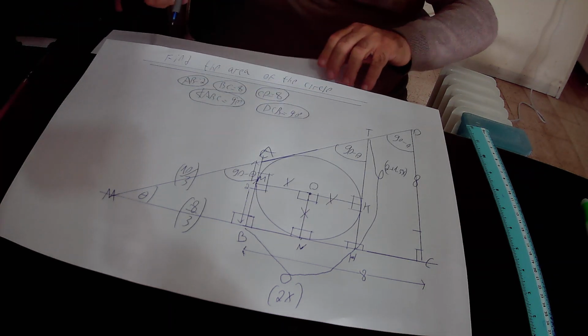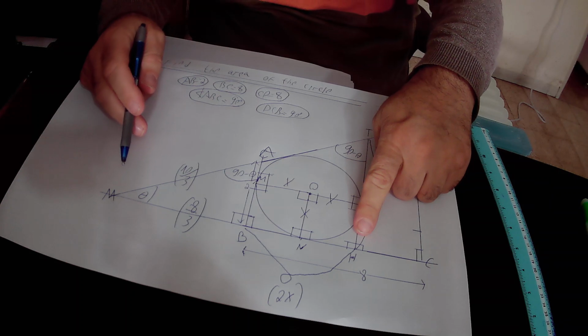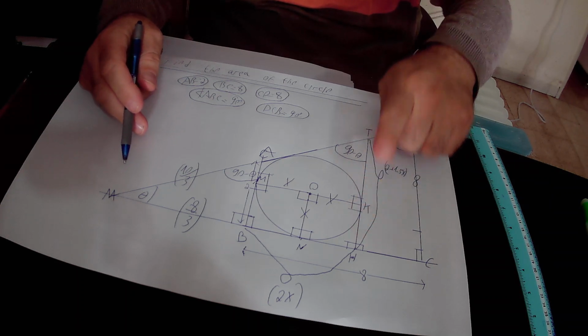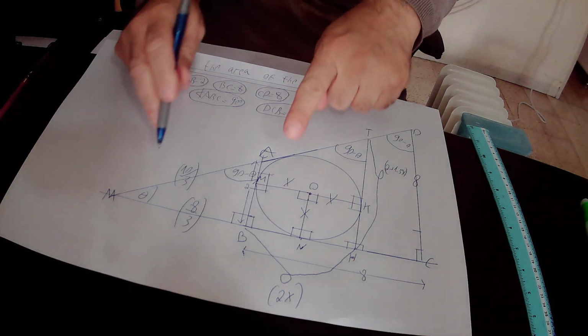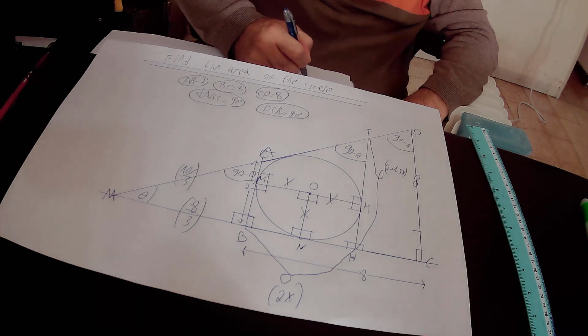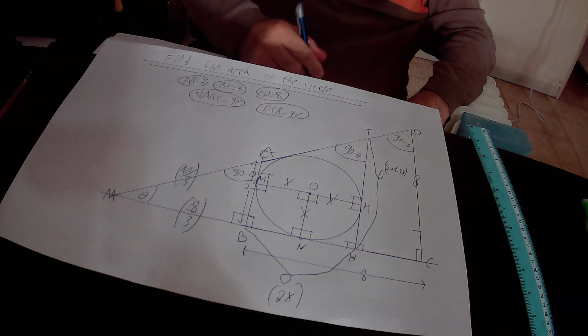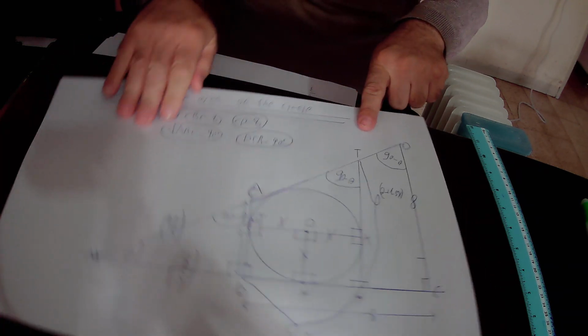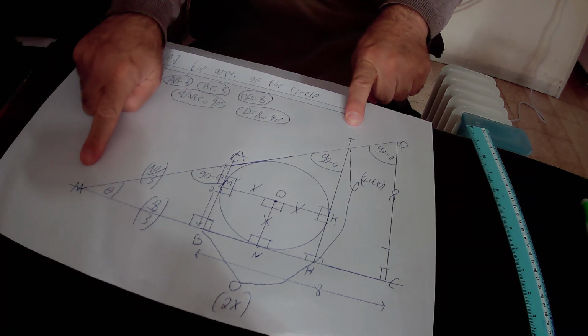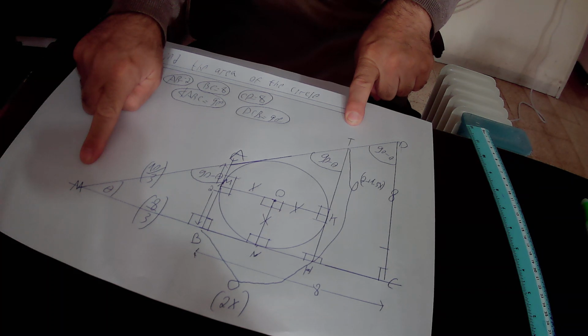We already found out, as I already explained to you, that MH over MB is (8/3 + 2x) over 8/3, and it is equal to TM over AM. From the drawing it is very easy to see that TM equals TA plus AM, that is TA plus 10/3.